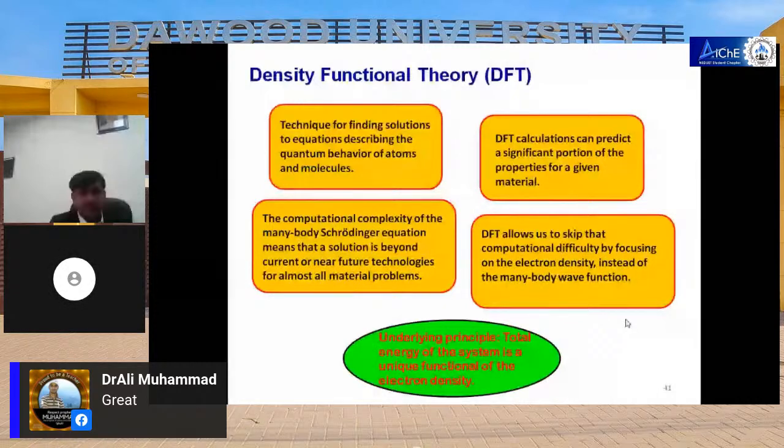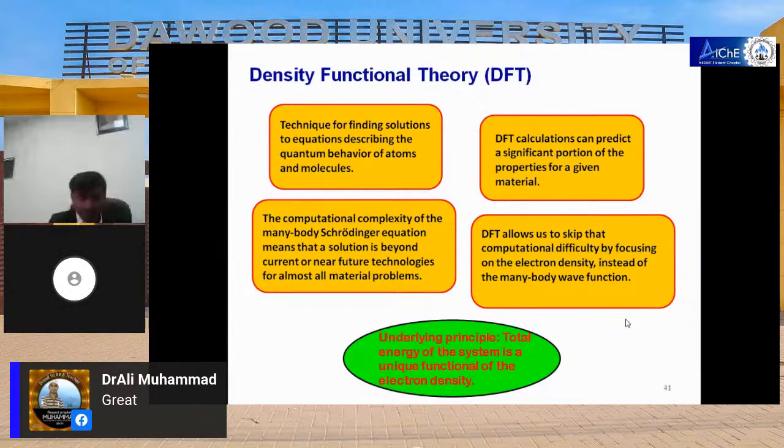Using quantum mechanics, we can get information about the quantum behavior of atoms and molecules, but that is computationally very costly, because the system is not a single body problem. It's a many body problem. Many particles are interacting at the same time.